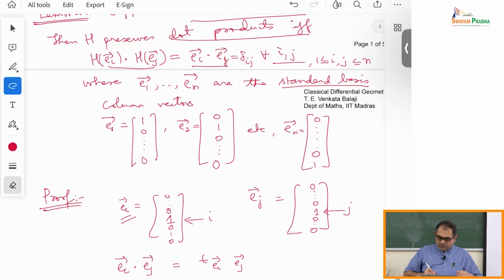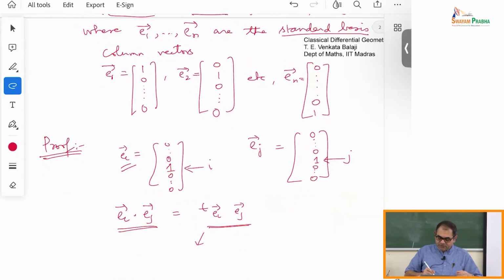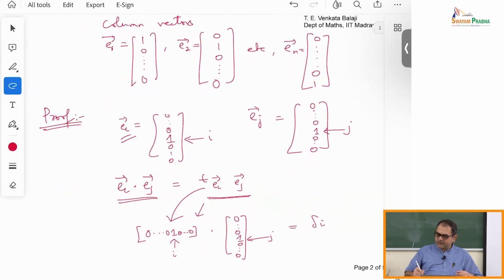If you see it as dot product, it's ei dot ej, but if you see it as matrix multiplication, it's just transpose ei ej. Because what is transpose ei? Transpose ei is going to be 0 0 0 1 0 0 0, with the 1 in the ith position, and ej is going to be 0 0 0, then a 1 in the jth position, and the rest all zeros. Multiplying these two will give you delta ij.